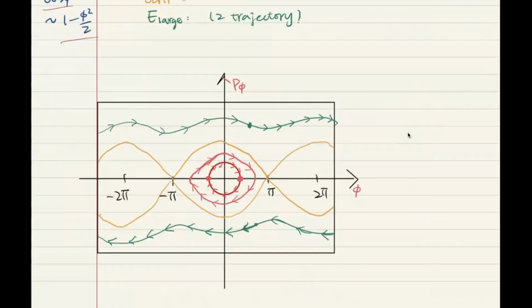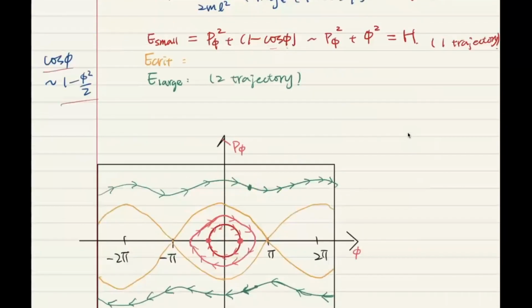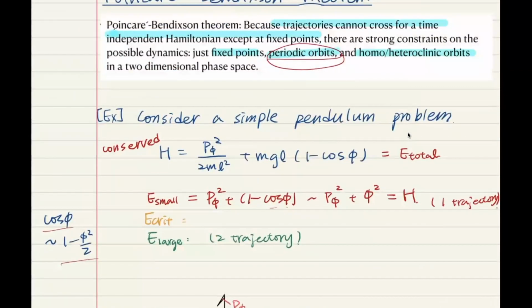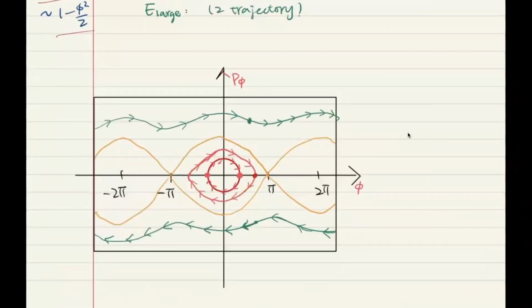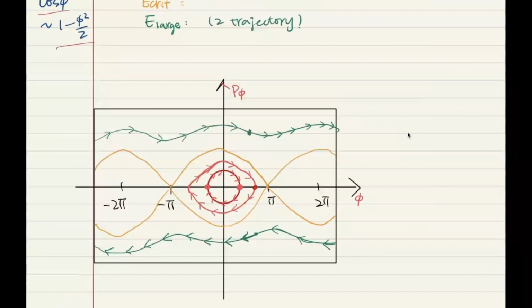All right, so now let's come back and take a look at the Poincare theorem. So the core idea about Poincare theorem is the trajectories cannot cross each other. And this makes a lot of sense because if you think about it, the way we plot out all this trajectory is we assume a specific energy, right?